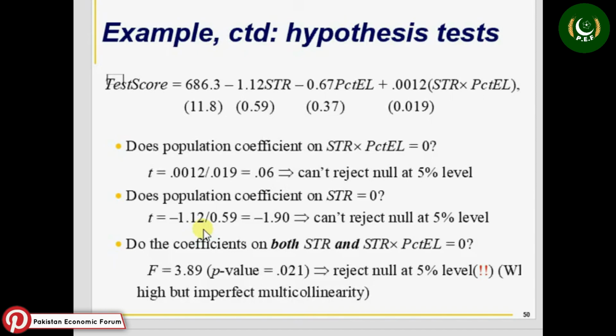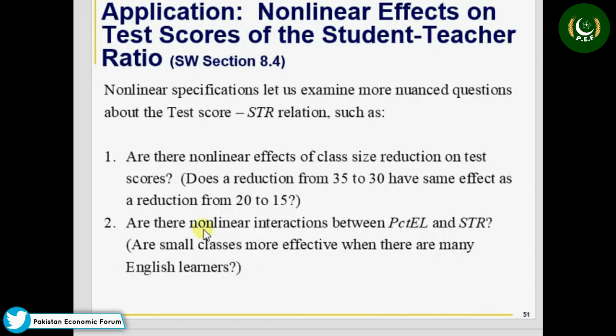We have discussed from video number 1 to video number 22. In my next video, I will demonstrate the comprehensive workshop using Stata, and I will put a link on RPubs on how to do it in R. Non-linear effects on test score of the student teacher ratio, I leave for some other time.